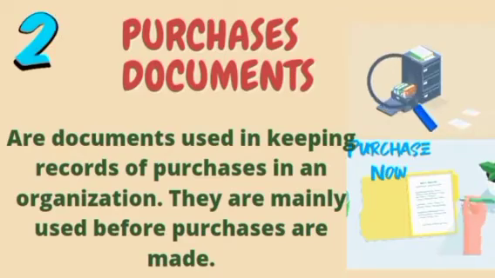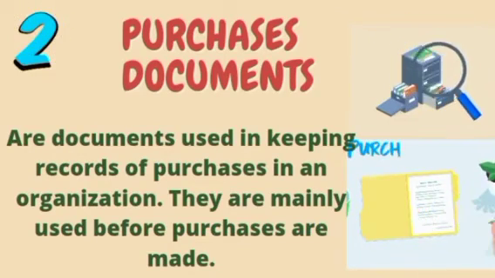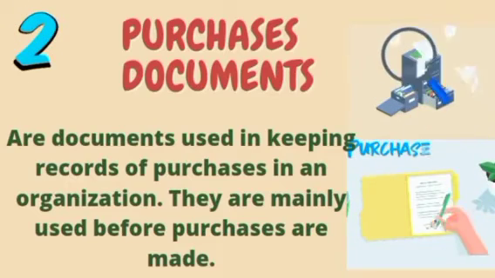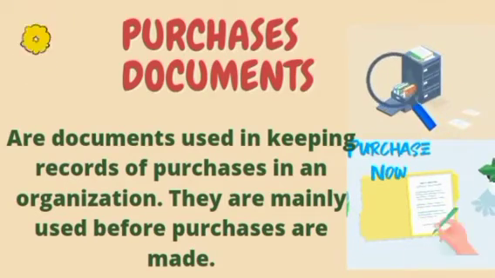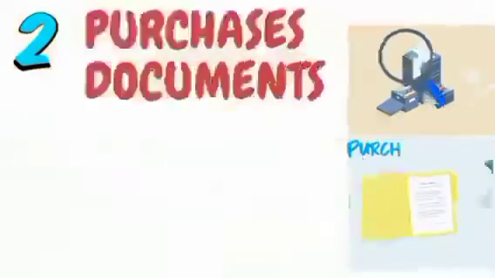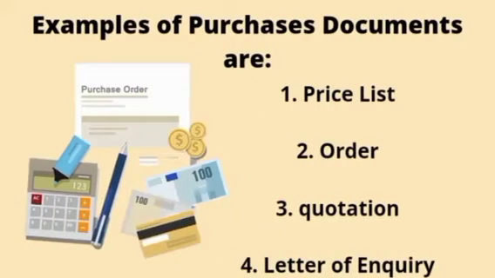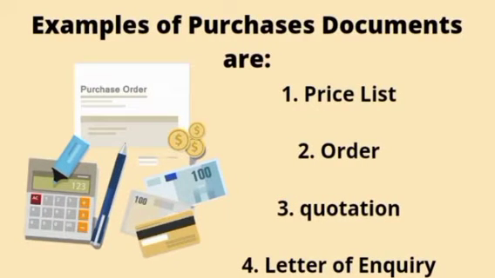They are used to prove that these are the items that are to be bought or to be sold by an organization to some customers. Examples of these are price list, the purchase order, quotation, letter of inquiry. All these are examples of purchases documents.